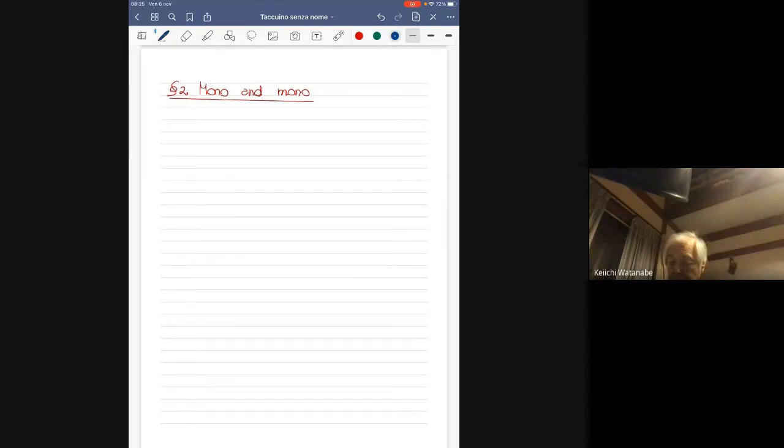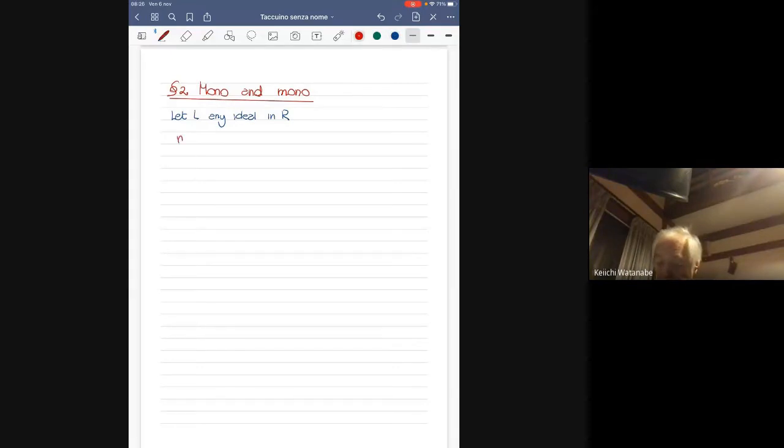So let L now be any ideal in R, okay? R is still the polynomial ring in the variables over an infinite field.